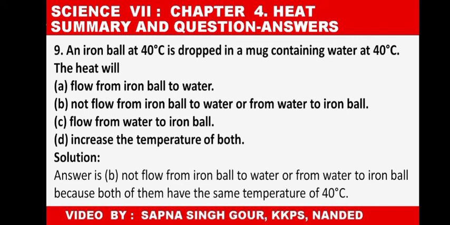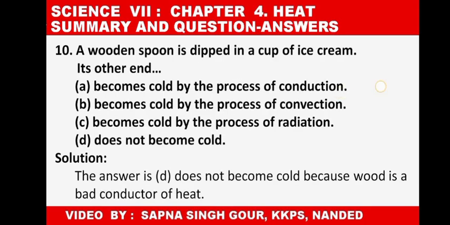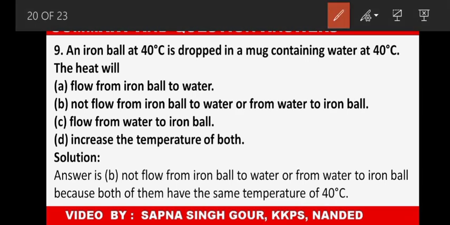What will happen? Which option is correct? B, not flow from iron ball to water or from water to iron ball. Why? Because the temperature at both places is the same, right?